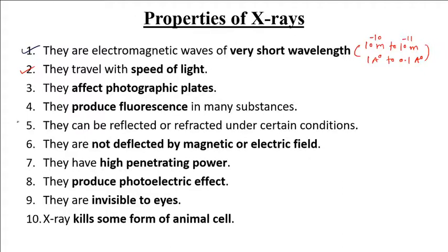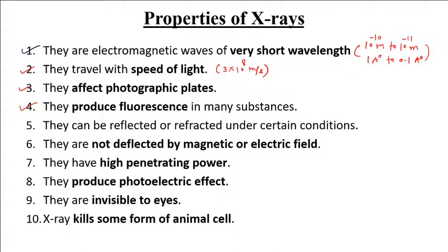So X-rays also travel with the speed of light, that is 3 into 10 raised to 8 meter per second through vacuum. Next property, X-rays affect photographic plates. When photographic plates get exposed to X-rays, they get blackened.